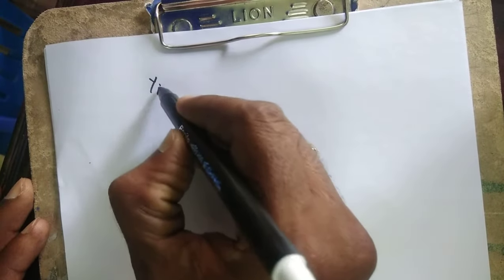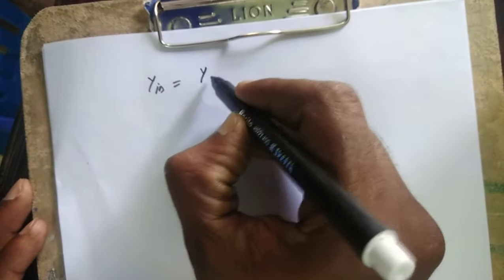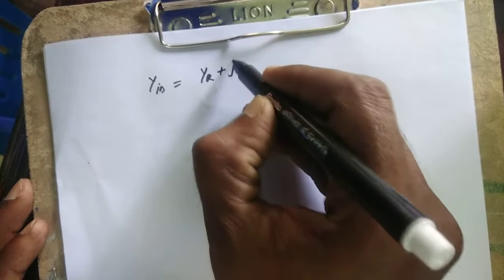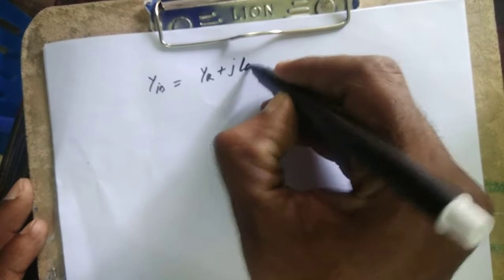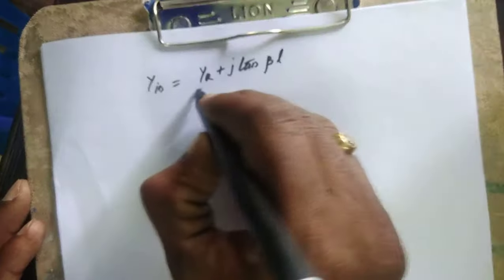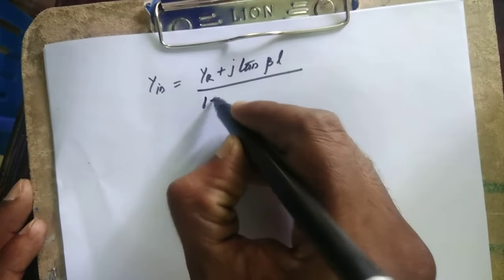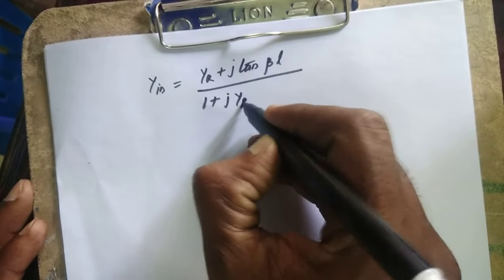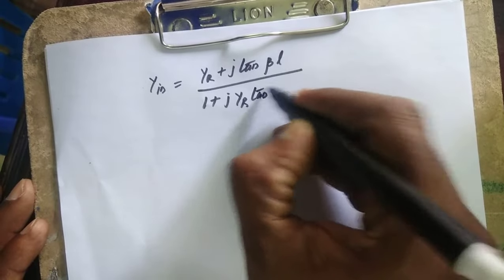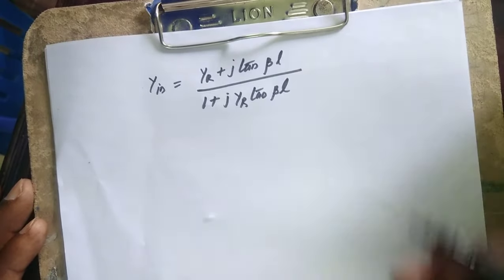So Y in is (YR plus j tan beta L) divided by (1 plus j YR tan beta L).